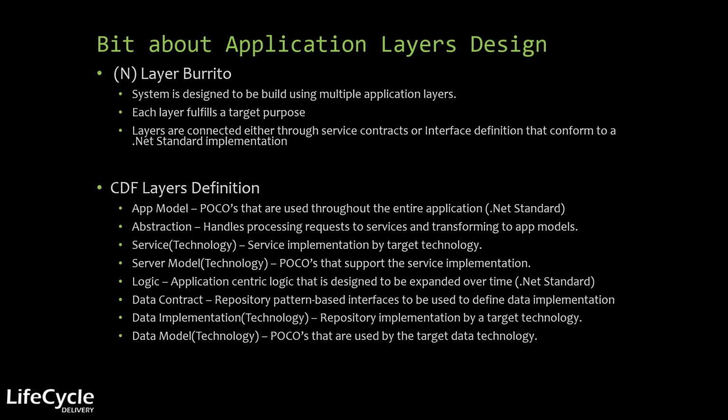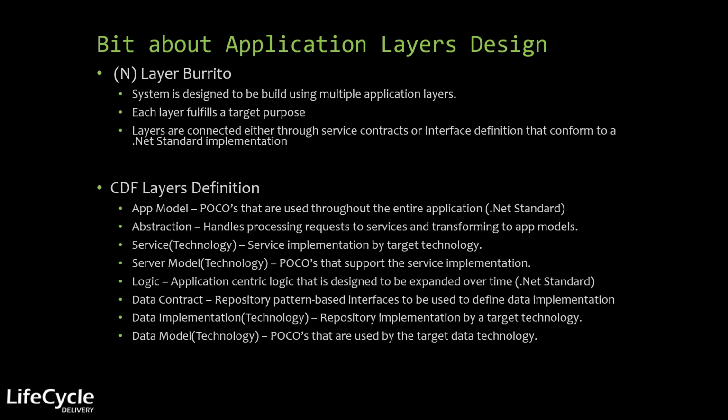Next, we have our data contract. For those people that are new to app development, one of the things we generally recommend when accessing data technologies, whether they're databases or external services you don't even manage, is something called a repository pattern. And this data contract layer holds the definitions for those repositories. The reason why we store it externally in its own layer is so that we can change our data access technology over time.